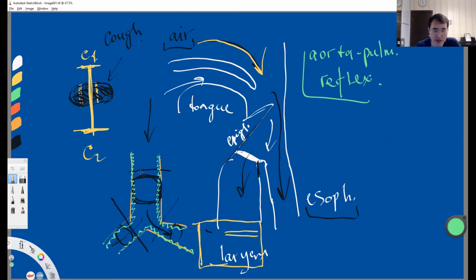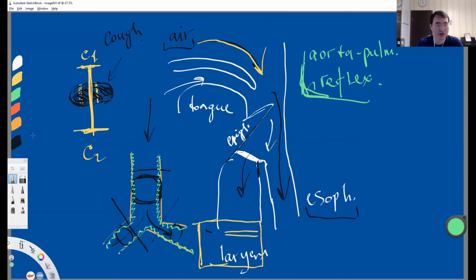So whenever something gets inside the trachea and bronchi, the receptors are excited, and they cause this reflex. The activation of this reflex leads to the stop of the conduction system.